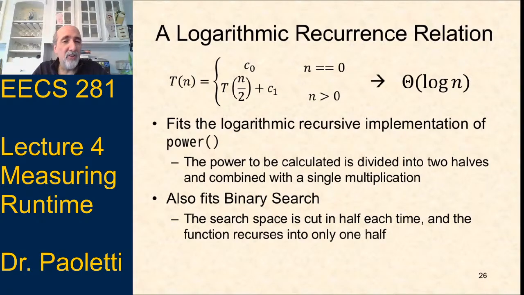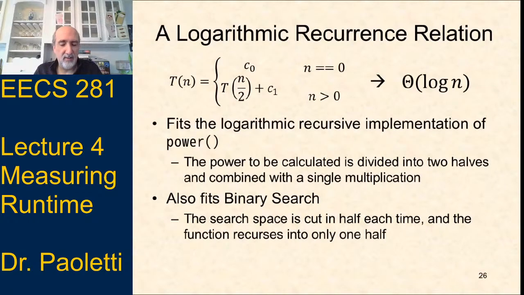So anytime we see this recurrence relationship, we can now skip ahead and say, oh, I know this one is big theta of log n. I've already solved it. Next time, when there's division going on, we're going to look at an easier way to solve this.